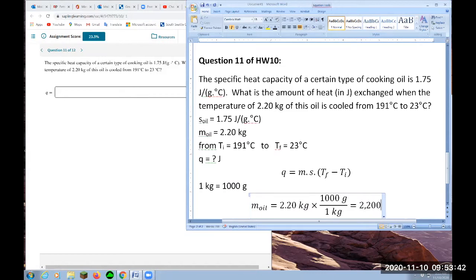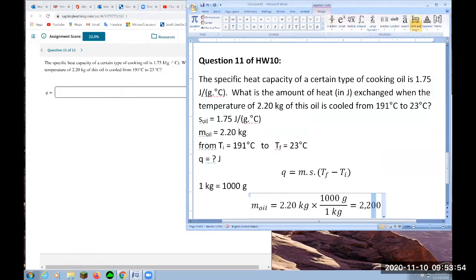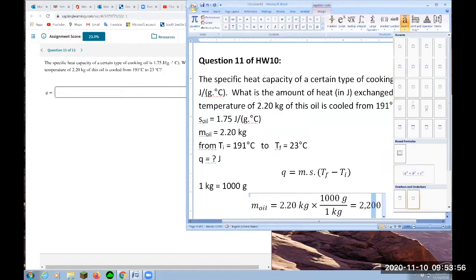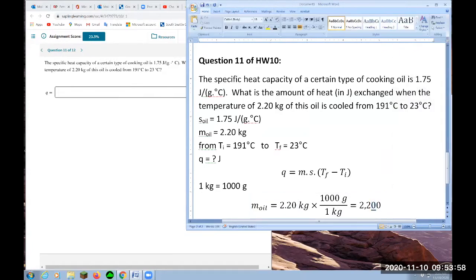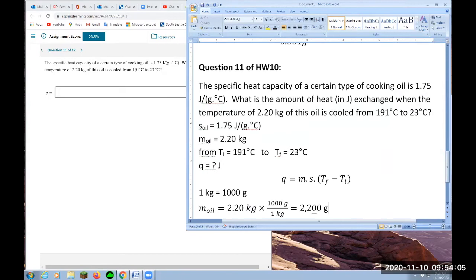Here we have to show that we started with 3 sig figs because in the mass there are 3 sig figs. So let's underline the first 0 here to show that this is the last significant digit. And that's units of grams. Okay, so that changes the mass of oil from kilograms to grams.